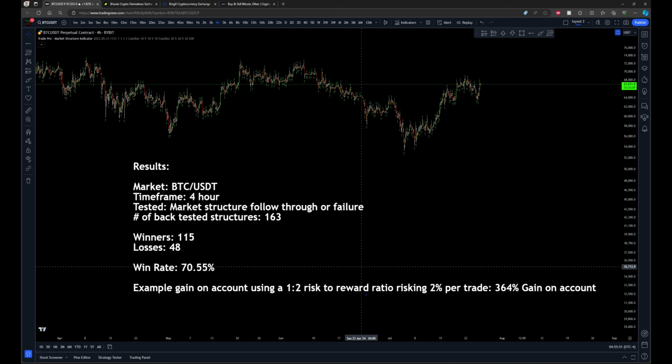So here's the actual numbers for all this Bybit price data on the 4-hour time frame. And you can go through and test it on a 1 hour, 15-minute, daily, weekly, or do a multi-time frame analysis.